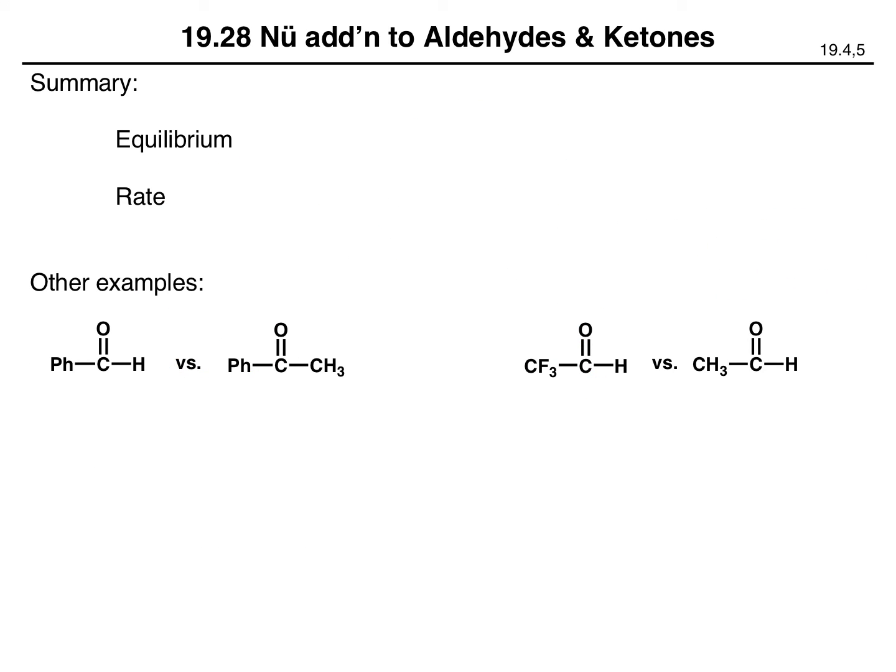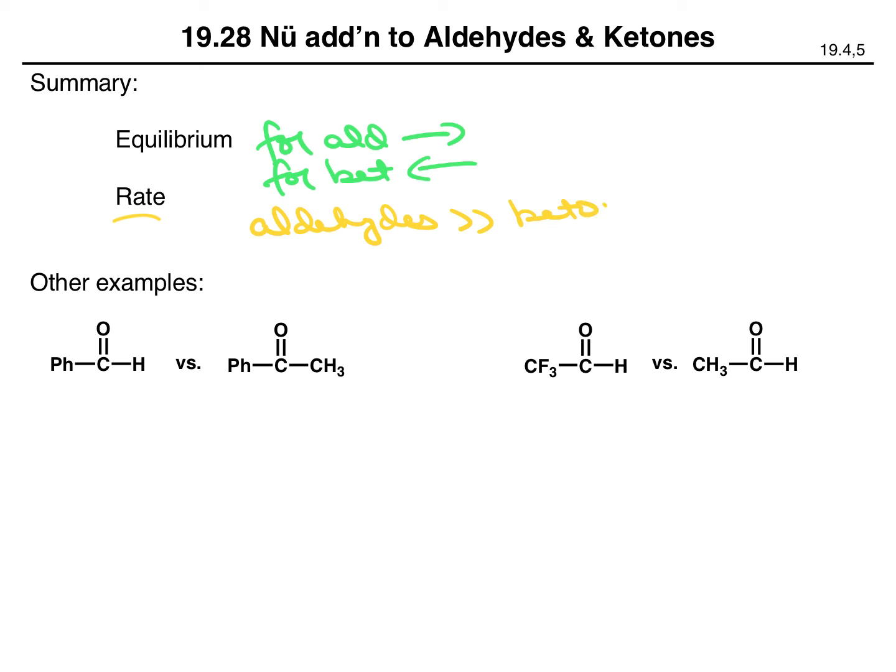So to summarize then, in terms of equilibrium, for an aldehyde, the equilibrium typically lies to the right. For a ketone, the equilibrium lies to the left. And as we think about the rate of reaction, the reaction of aldehydes will be much faster than that of a ketone. So let's try to apply that to a couple of other examples.